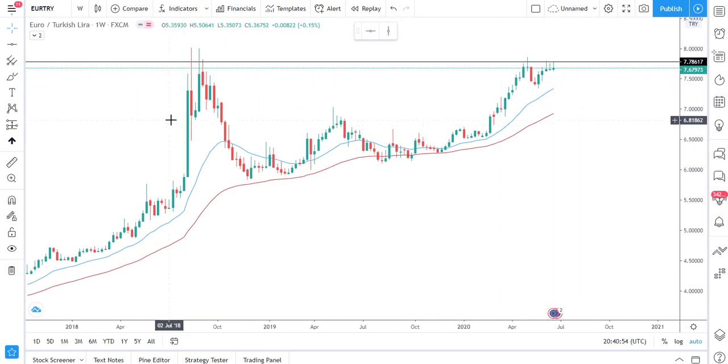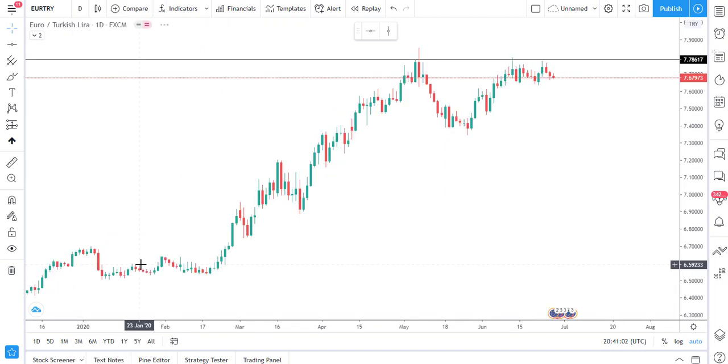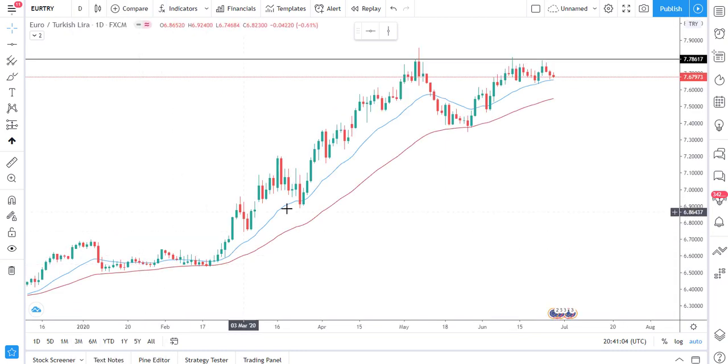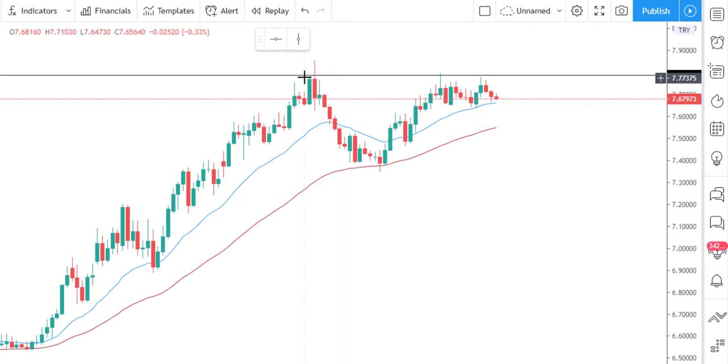So now I'm going to quickly go back to the daily, because that's where I mostly trade. Since we can see on the weekly that we have that action, we come to the daily, and we can clearly see that on the daily we've had double tops. So that's what happened on the weekly. We had a double top, and also to here we are having a double top.